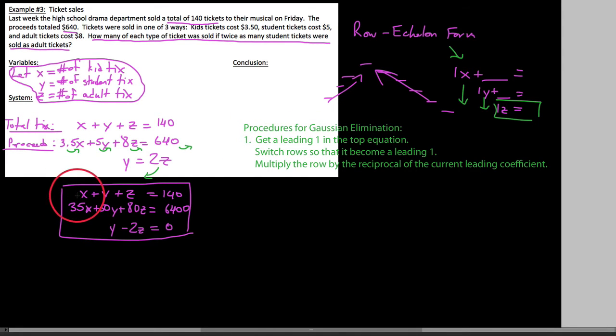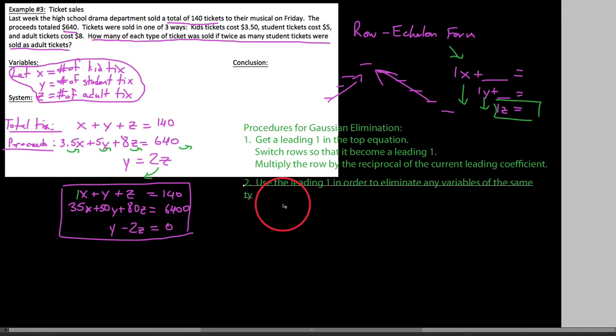Well, because I already have a leading 1, the next thing I'm going to do is this. We're going to use the leading 1 in order to eliminate any variables of the same type that lie underneath the leading 1.